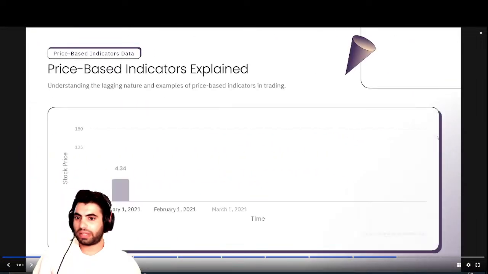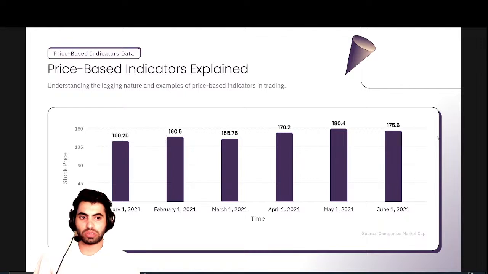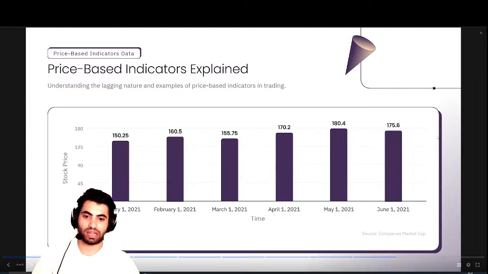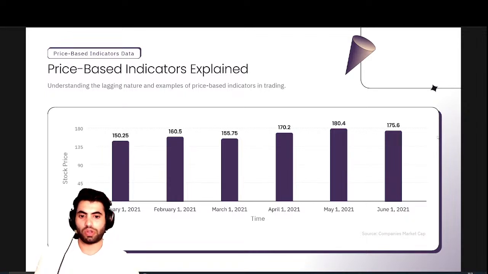So let me repeat: use macro indicators so you can have a clearer trend. Use micro indicators like moving averages so you have, in the daily time frame, a clearer trend where you can put your price targets and stop losses.